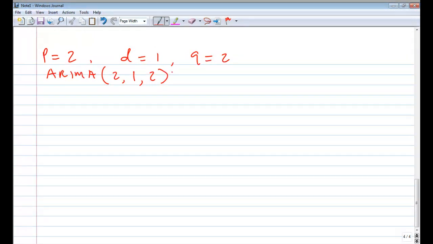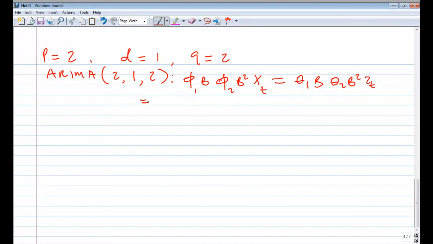So how do you write this? Remember, it's autoregressive of order 2. How do you write autoregressive of order 2? You're going to have phi 1 B, phi 2 B squared, X_t on the left hand side. On the right hand side, you're going to have theta 1 B, minus or plus whatever you can put there, theta 2 B squared, Z_t.